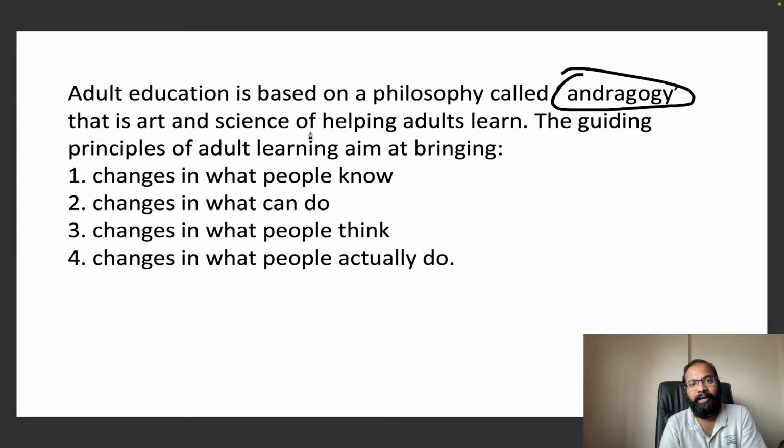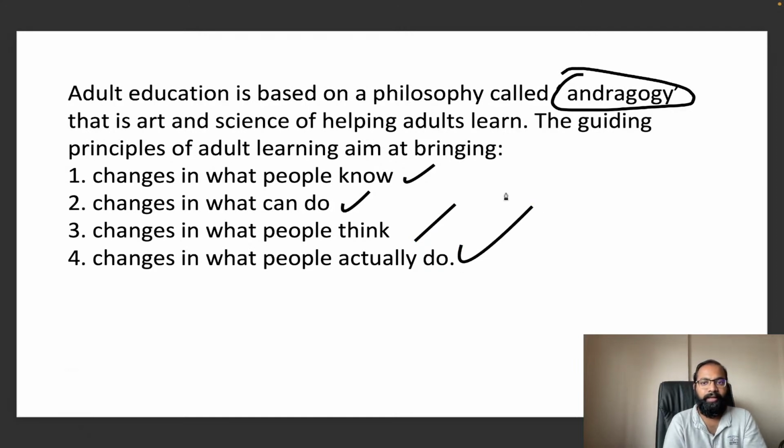So andragogy is the art and science of helping adults to learn, the guiding principles of adult learners, aiming to bring changes: changes in what people know, changes in what they can do, changes in what they are thinking, changes in what they actually will do. Okay, so andragogy, or adult education, helps adult learners to change the way of thinking and to change the way of activity. Okay, all these things.